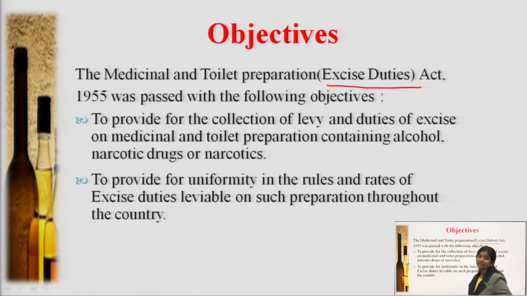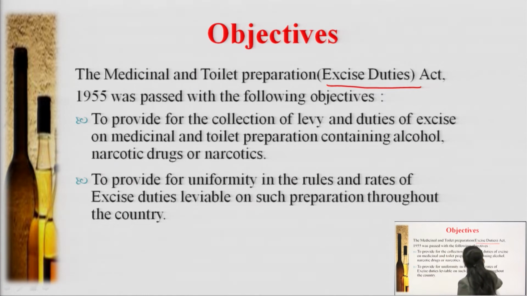If you find this term, Excise Duties Act, it also means the Medicinal and Toiletry Preparation Act. You must not be confused with the two terms. Those are the same terminology for the act. You can call it Excise Duties Act, or you can term it as Medicinal and Toiletry Preparation Act.